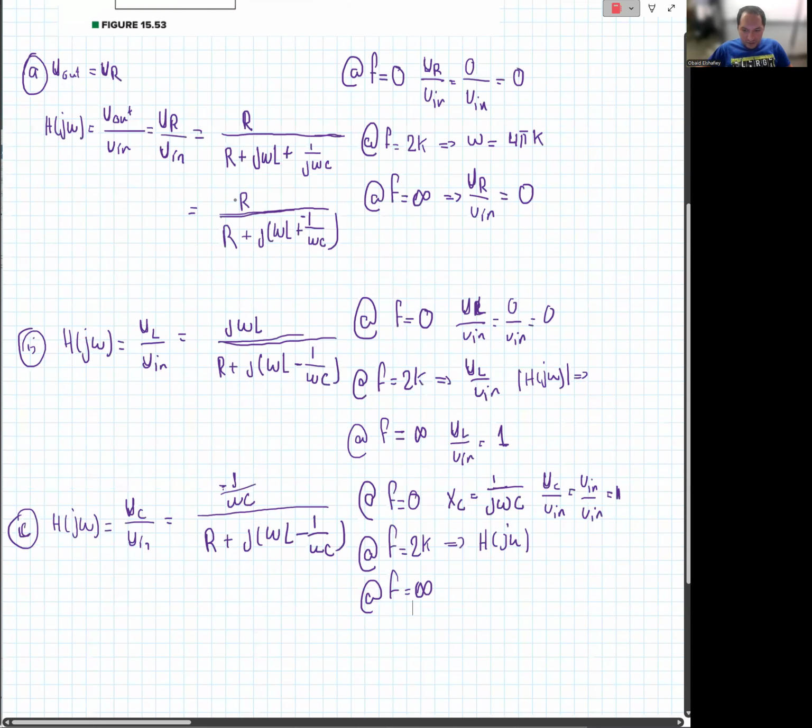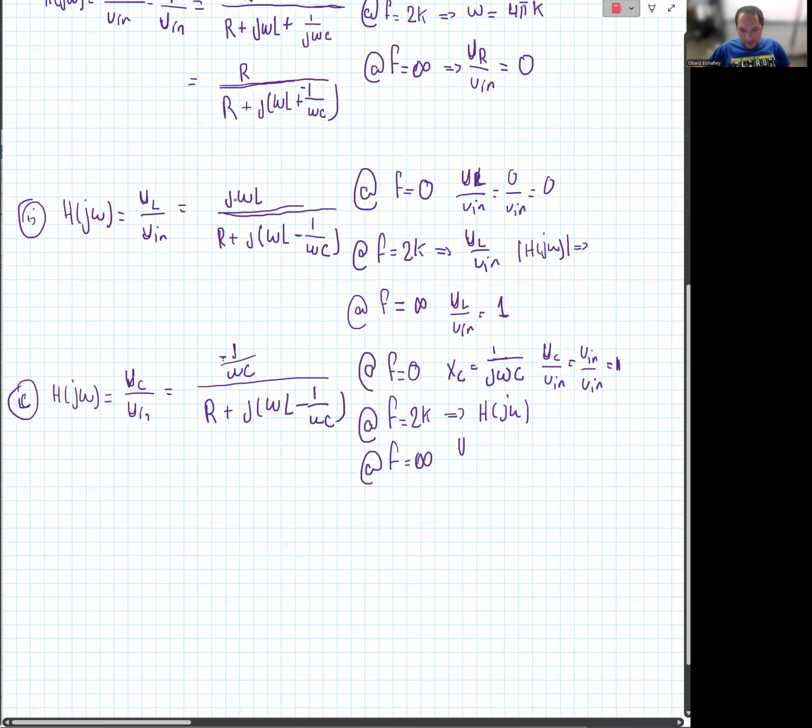So VC over V in equals 0 over V in. We don't need to solve for anything. It equals 0. If you don't trust this process, you can simulate it in MATLAB, or in whatever software you prefer, and see if you get the same values or not.